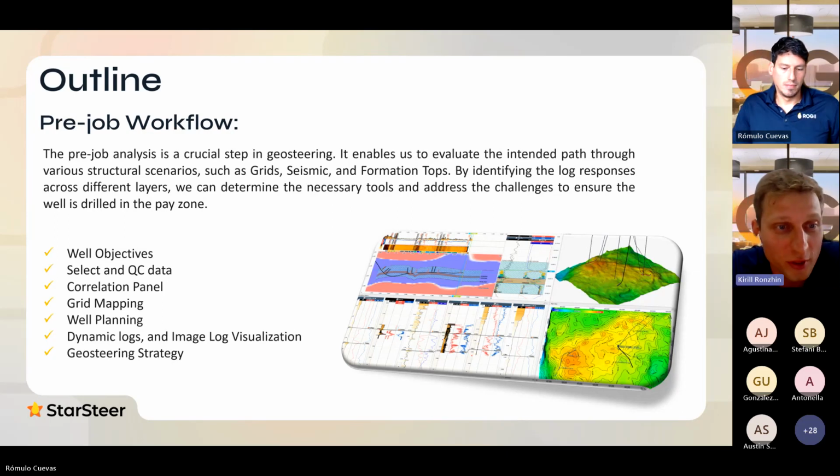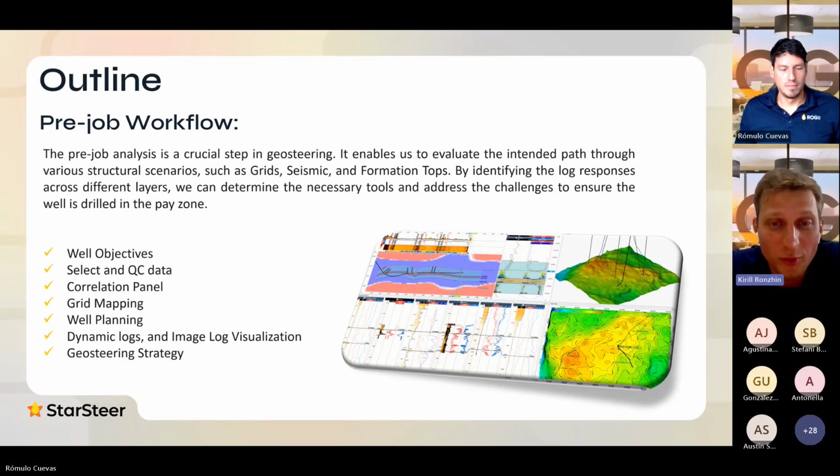Another thing that we need to take into consideration is the mapping, the grid. We want to take the most updated grid, and ideally we want to see if we have some previously drilled wells that we already drilled and geosteered. We want to update our surfaces to make sure that we have the most precise grid possible, because it will help us with the next step, which is well planning.